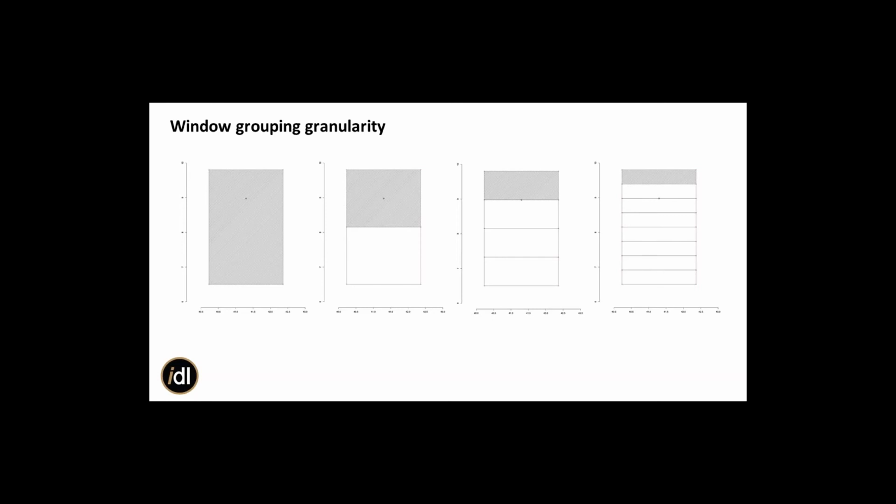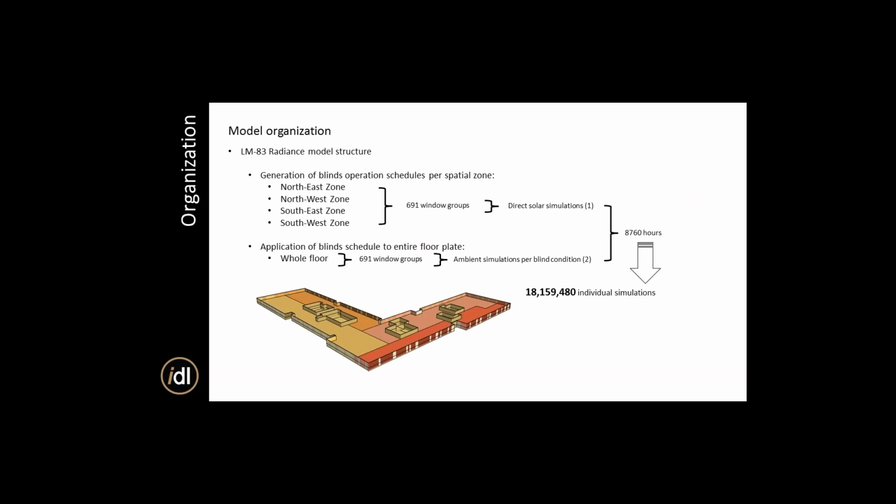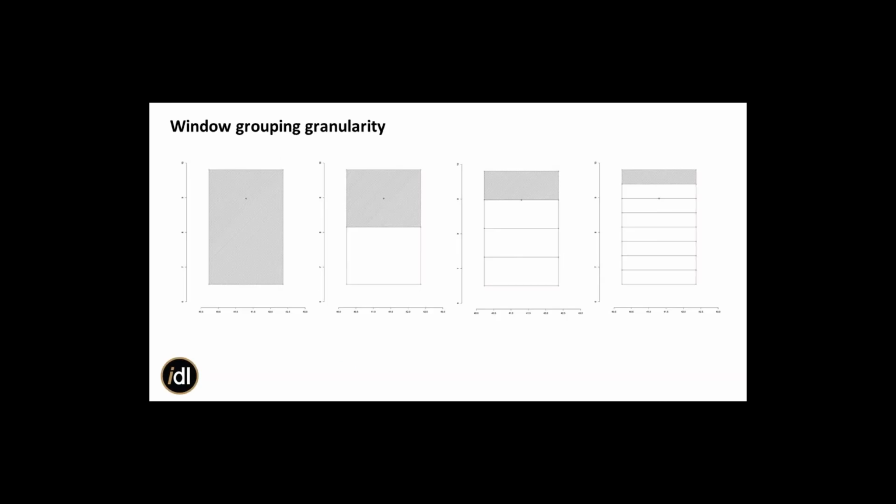And you can see just how crazy that can get when you multiply the actual window groups by the divisions that we're doing here. So that's just one thing to keep in mind, the scope of a project and just how much you can handle both computer-wise and person-wise as far as hours are concerned.